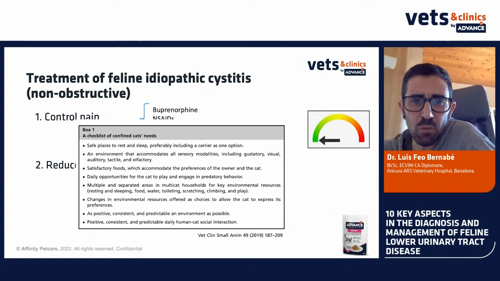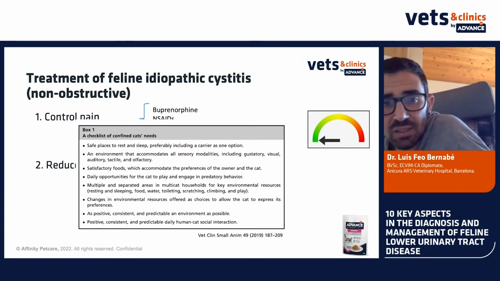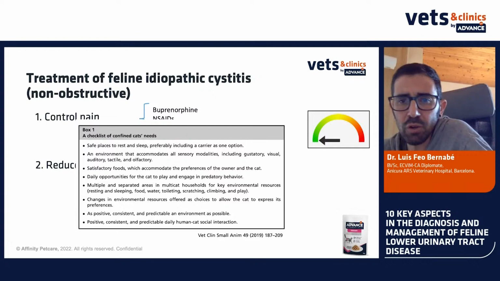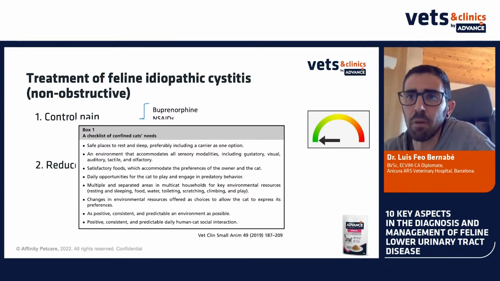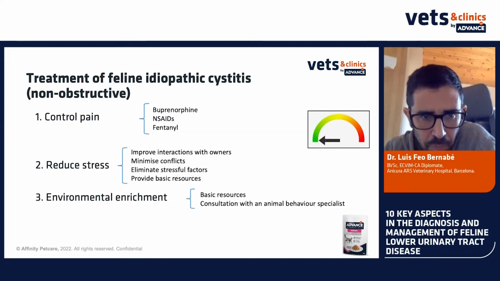We also ask if we have multiple and separate areas in a multi-cat household for key environmental resources. So we need to ask a lot of questions about how they are doing in the house.